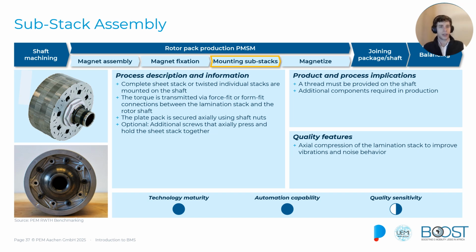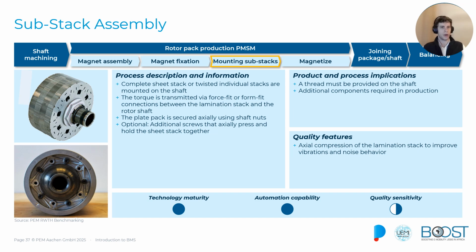As the next step in the rotor package production for the PMSM, we put the substacks together to one complete rotor. The process begins by aligning individual pieces in the correct sequence and orientation.